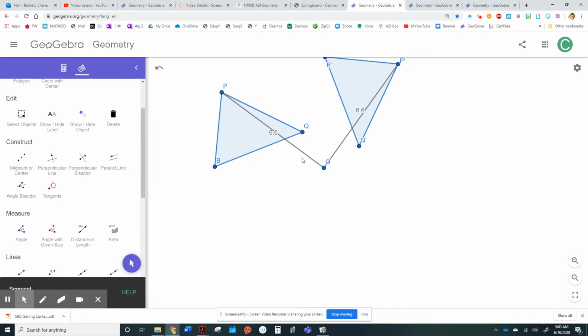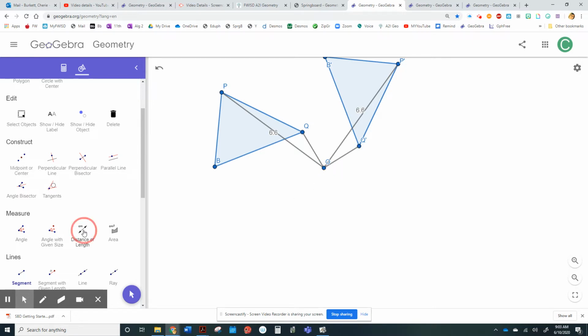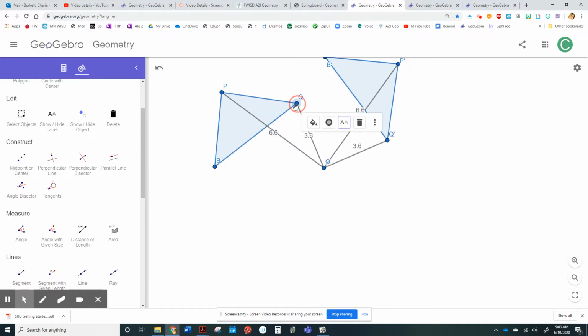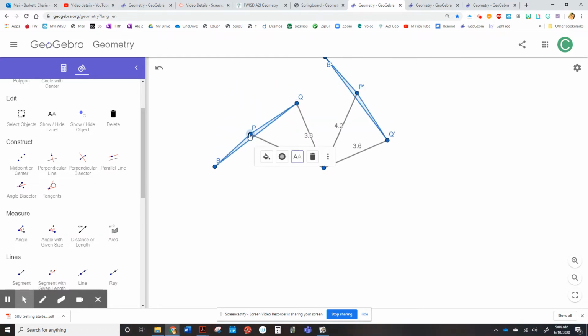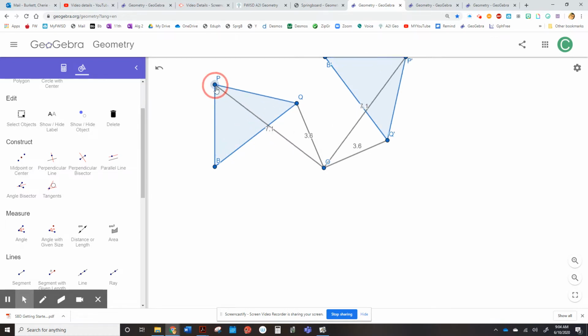It's a segment. So we're going to go here to here and Q to Q prime, and we'll measure it. Even if you move this one, see, they stay the same. You move this one, the measurements stay the same.